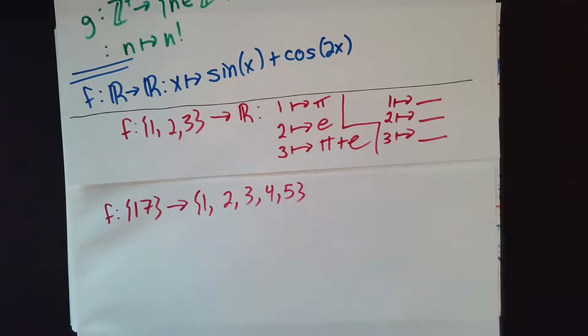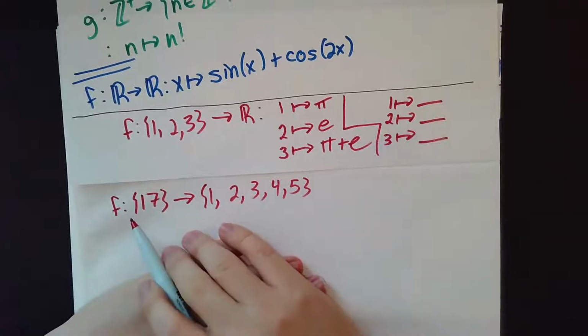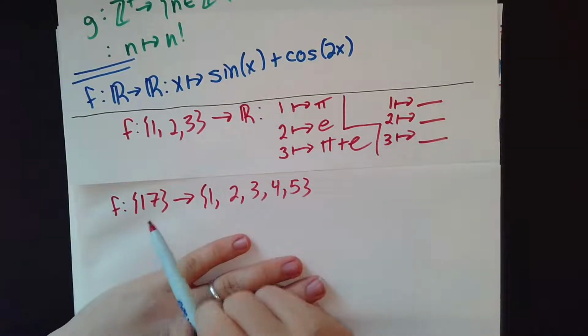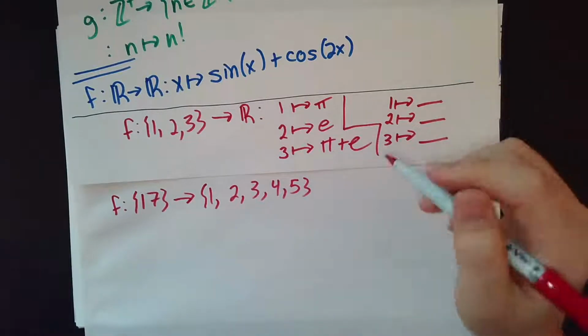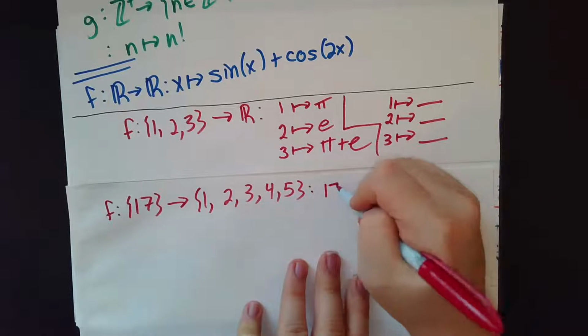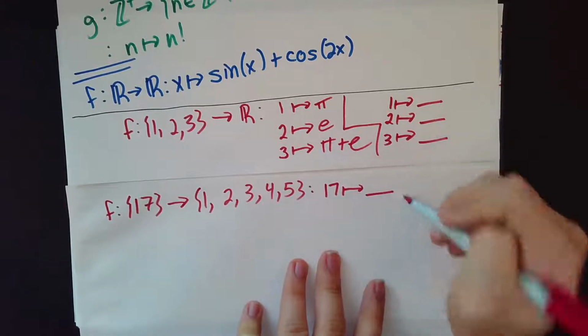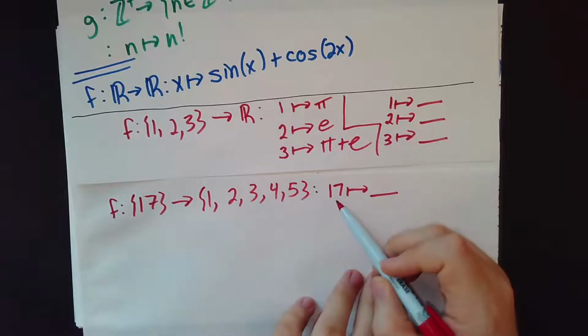So, following this idea, I could ask something like, how many functions are there from the set 17 to the set 1, 2, 3, 4, 5? And so, to do this, I actually literally only need to tell you where 17 goes, right? I just need to give you a list of, okay, where does 17 go?